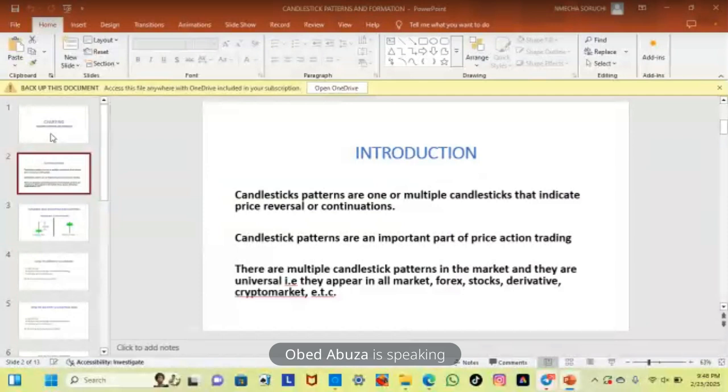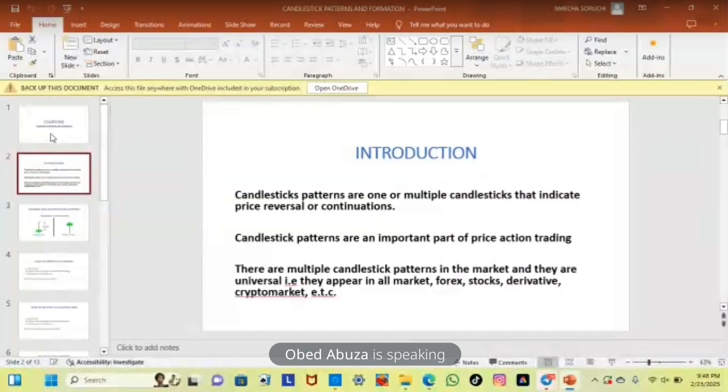That is, if the market was in a bullish trend before, then when these candlestick patterns appear, either it will continue in a bullish trend or it will reverse into a bearish trend. So that is what candlestick patterns are: multiple candles that indicate price reversals or continuation.